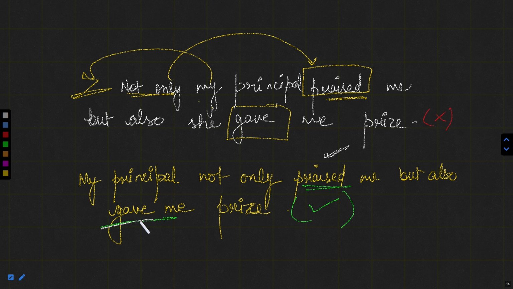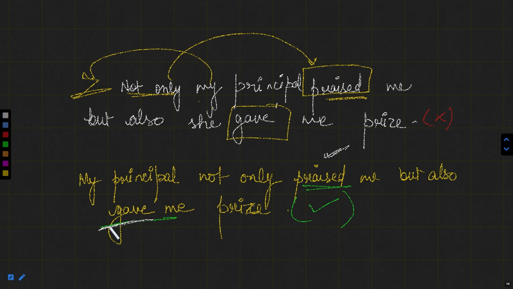Another thing which is included is gave. So these two are information which are given in the sentence. So this position of not only but also is also important in other correlative conjunctions which we are going to study later on.